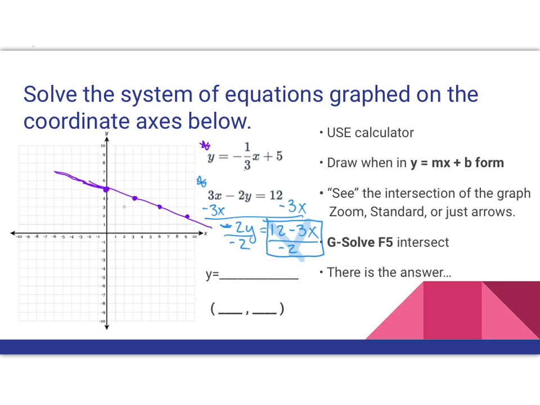So that'll give me y equals negative 6. That was 12 divided by negative 2. And then negative 3 divided by negative 2 becomes a positive 3 over 2. We want the fraction, we don't want the decimal, x. There I've got my y equals mx plus b.